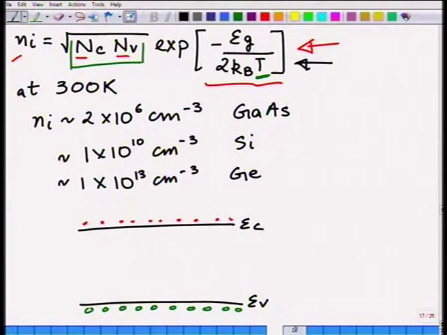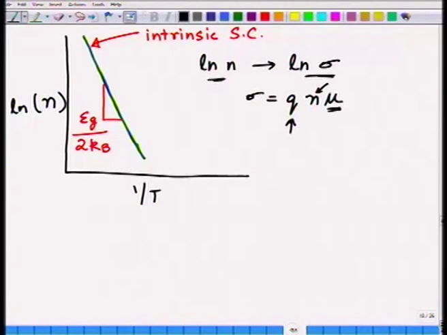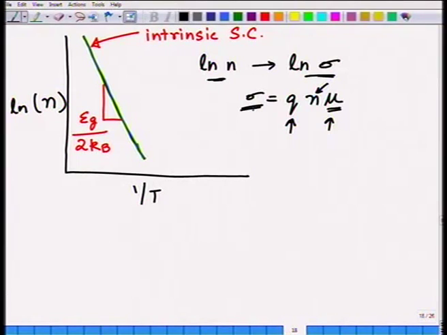Then mu has a certain temperature dependence also. As temperature increases, mu decreases, which I will talk about eventually, while as temperature increases, Nc and Nv increase. In fact, the sensitivity of conductivity as a function of 1 by T becomes even less, and the straight line becomes even straighter.